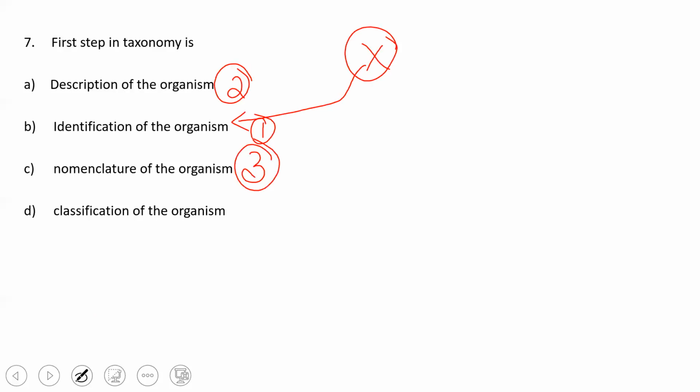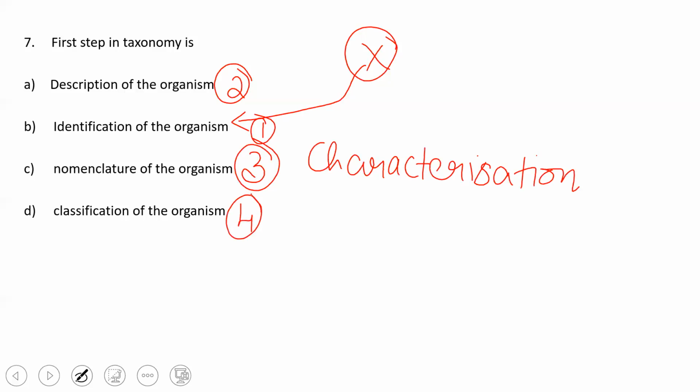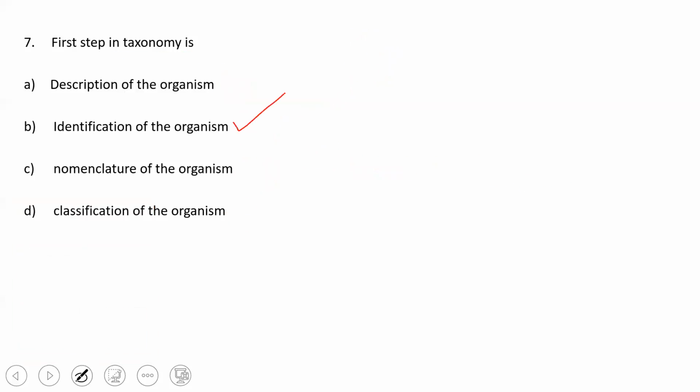And once we name the organism, based on the characterization or the description which has been given, later we can group or classify them into taxonomic categories based on the above processes. So the first step in taxonomy is nothing but identification. Identification is the first step in taxonomy.